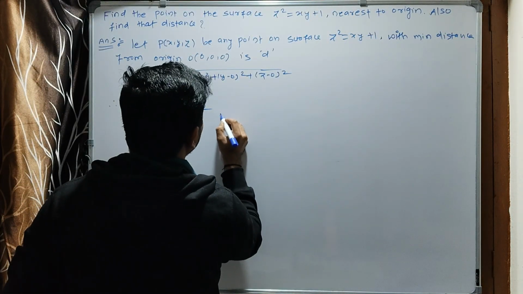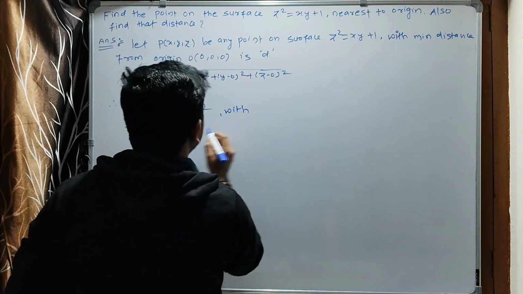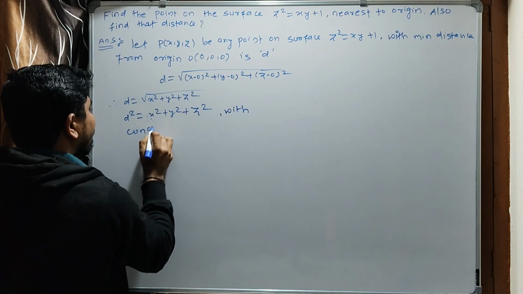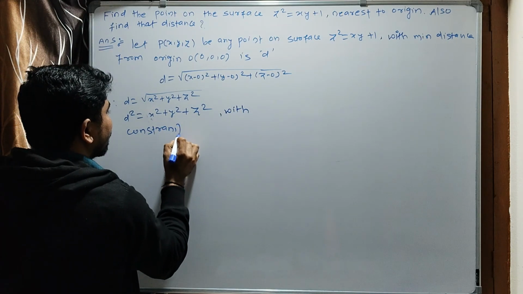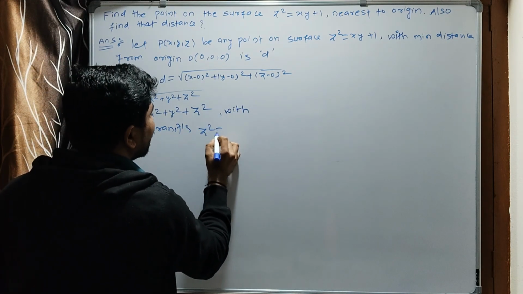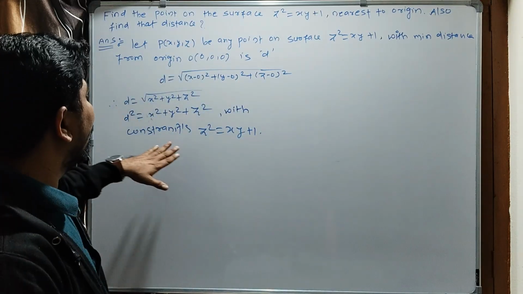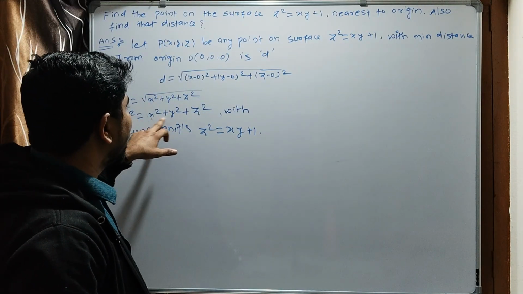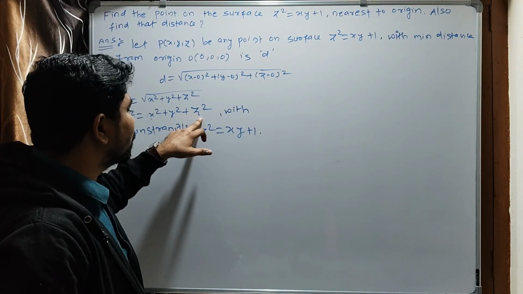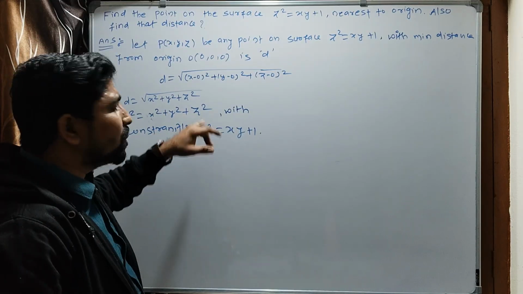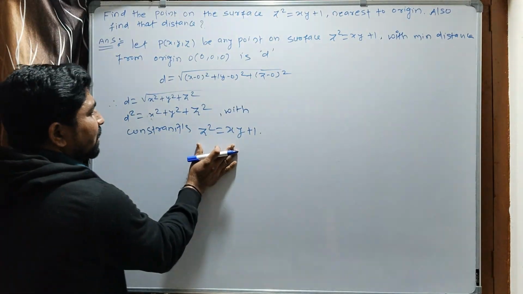So here this is my function with constraint z square equal to xy plus 1. Now I want to convert my function d square equal to x square plus y square plus z square into a function of 2 variables by using this constraint.